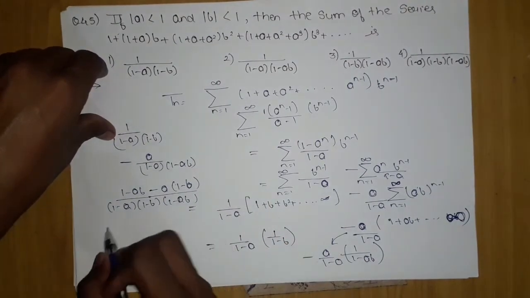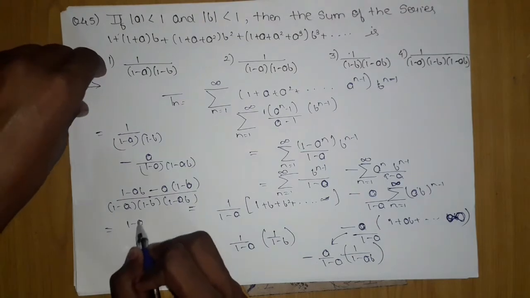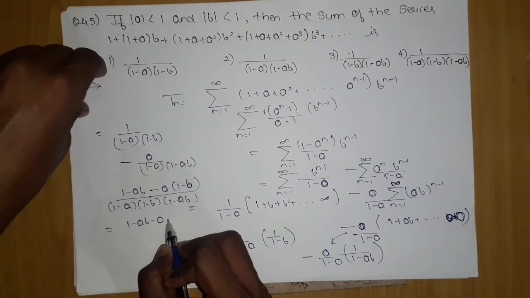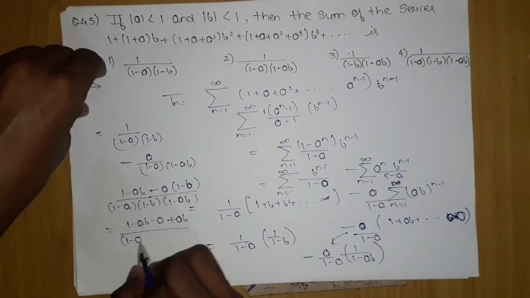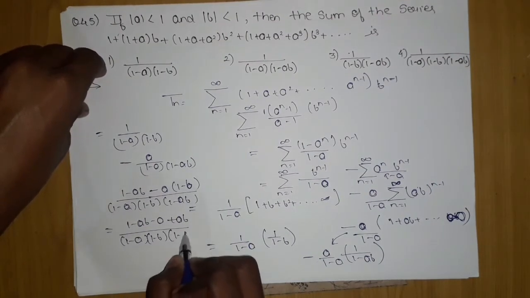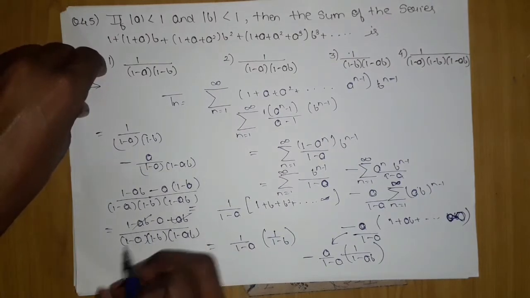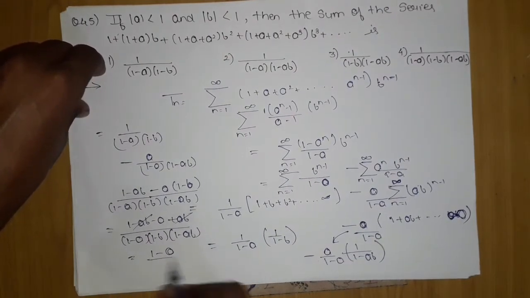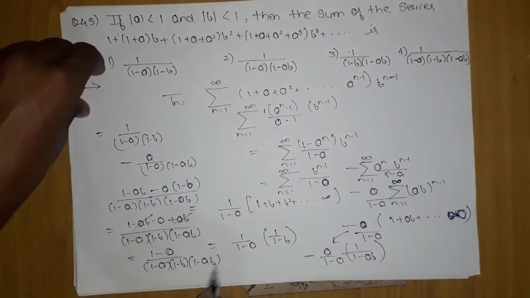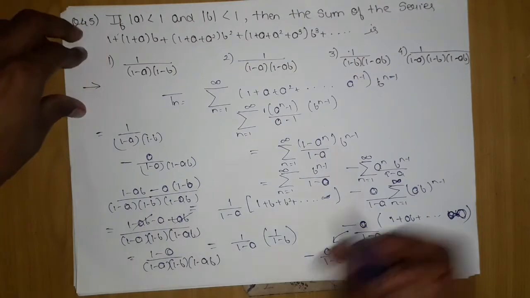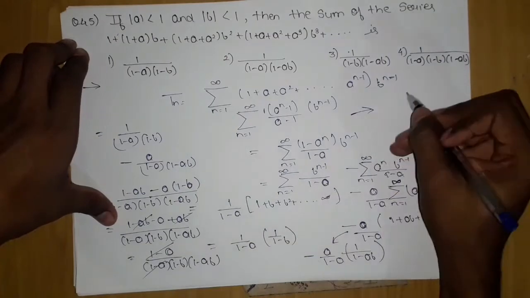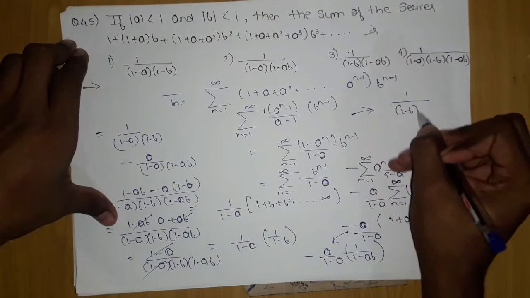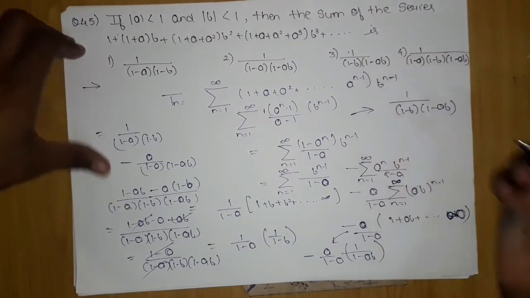So which will make me left with 1 minus ab minus a plus ab upon 1 minus a, 1 minus b, 1 minus ab. So this will cancel out, giving me 1 minus a upon 1 minus a into 1 minus b into 1 minus ab. 1 minus a will cancel out with 1 minus a, giving me my final answer 1 upon 1 minus b into 1 minus ab. So hope you have understood.